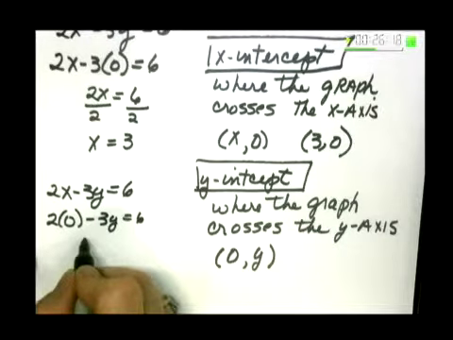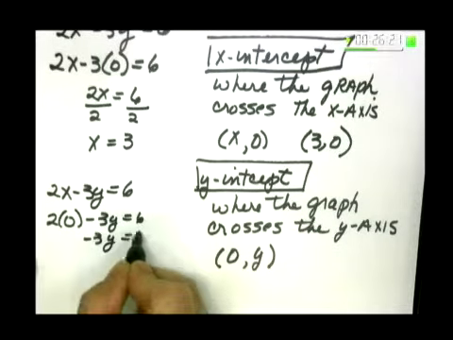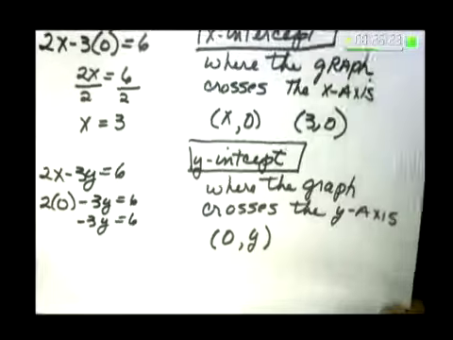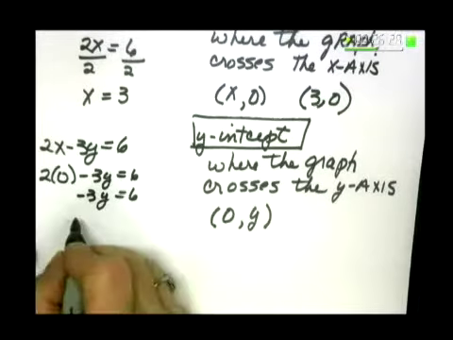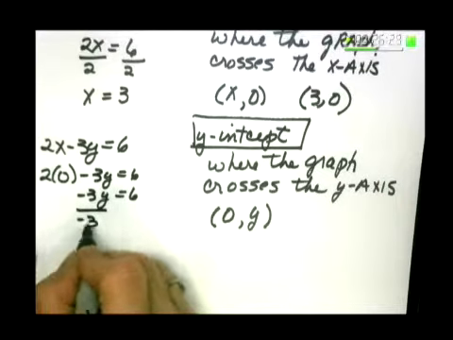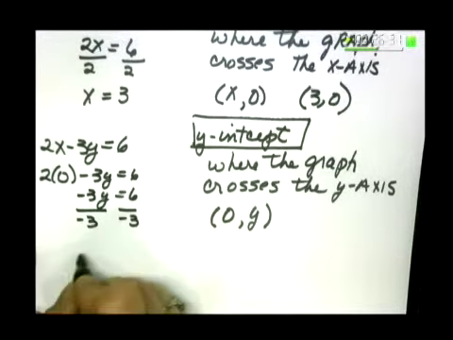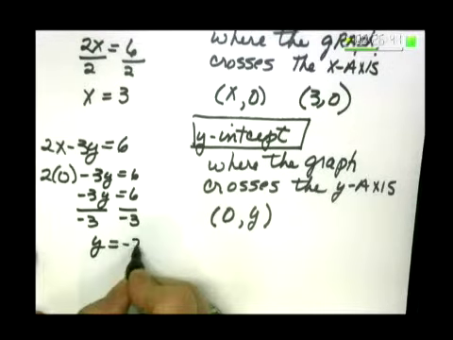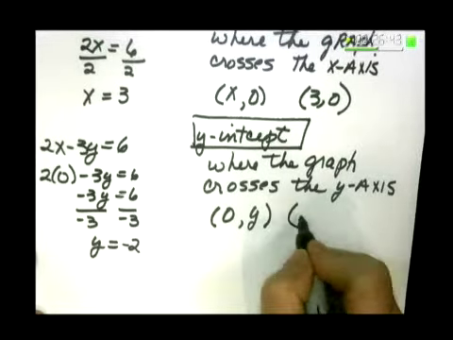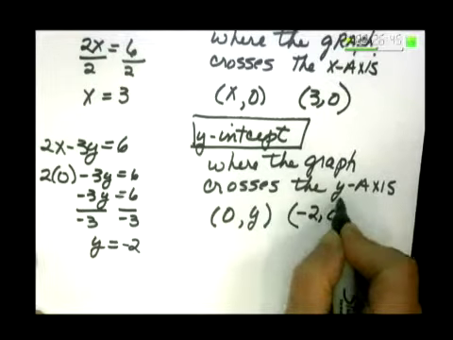And 2 times 0 is 0, so I get negative 3y equals 6. Now I have to divide both sides of my equation by negative 3. And I get y is equal to 6 divided by negative 3, which is negative 2. Positive divided by a negative is a negative. So I get 0, negative 2.